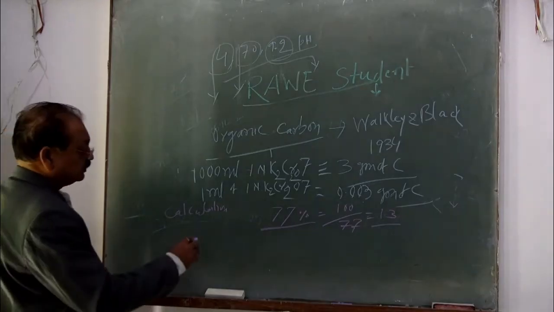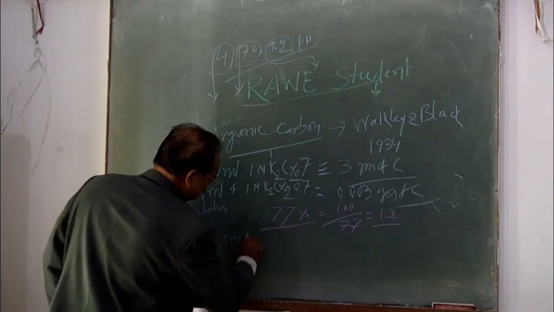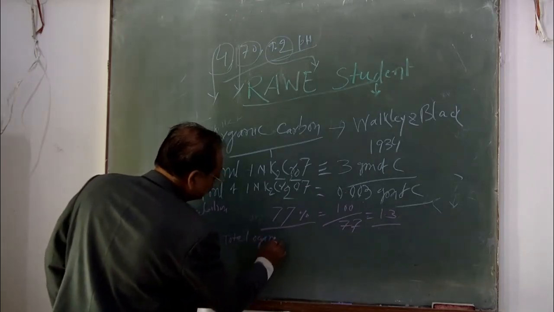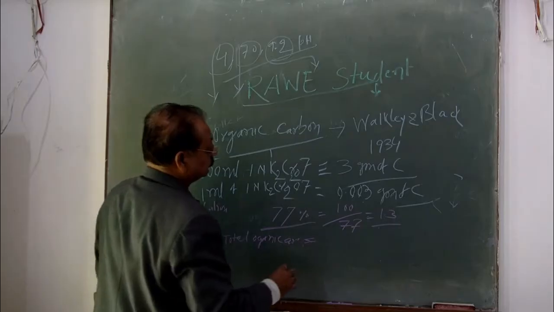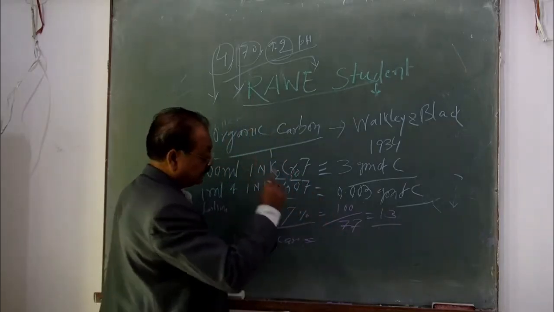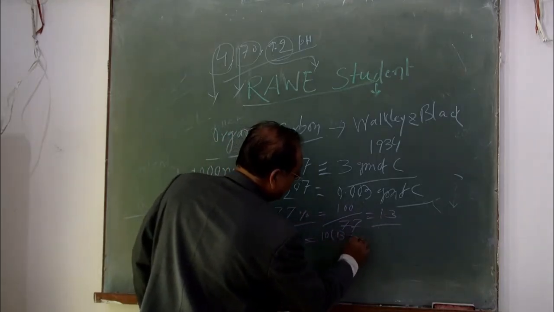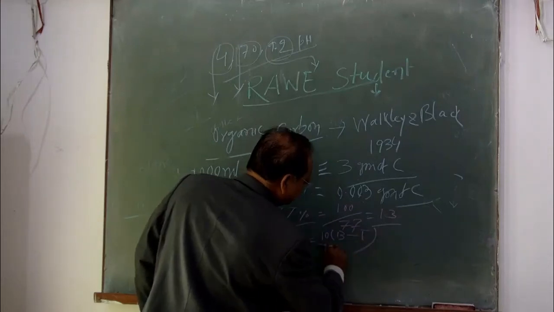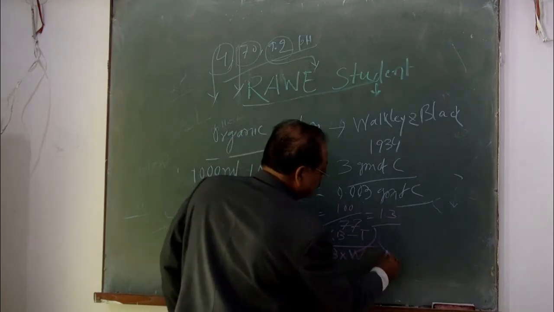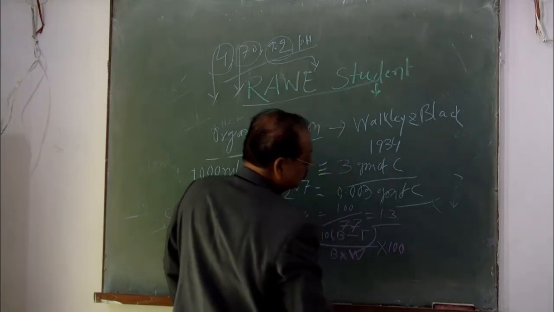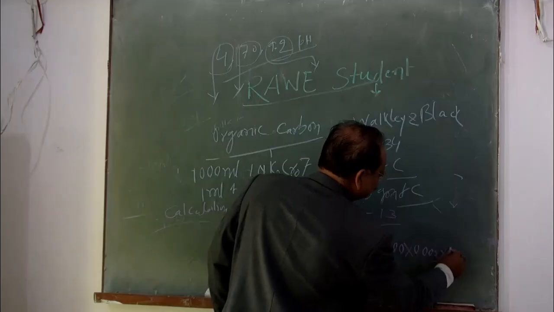So the total organic carbon is equal to whatever value you have got, that is 10 within bracket B minus T, divided by B into W into 100 into 0.003 into 1.3.